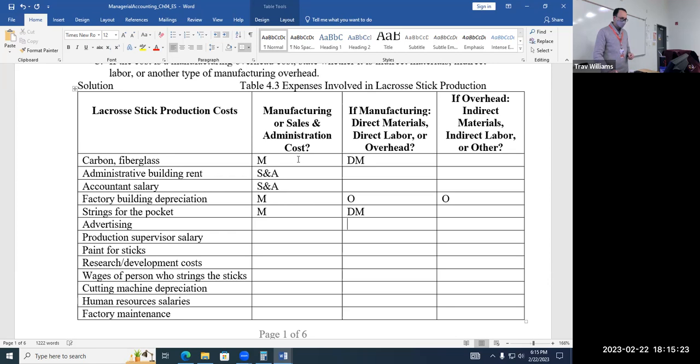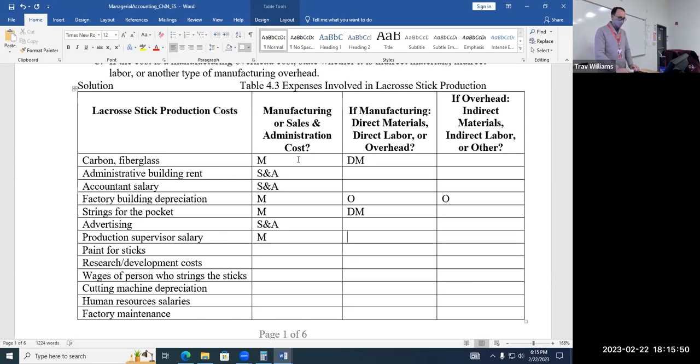Okay, so then advertising: manufacturing or sales and administration? Sales and administration, okay. Production supervisor salary. Yes, that is manufacturing. Is it direct materials, direct labor, or overhead?